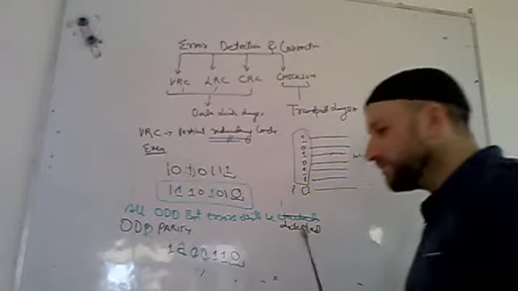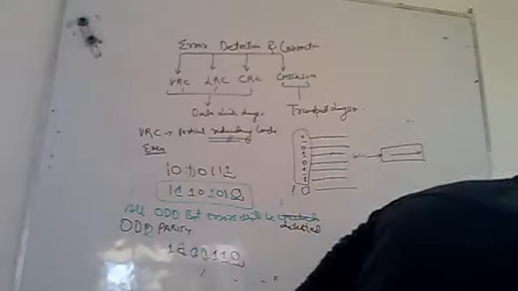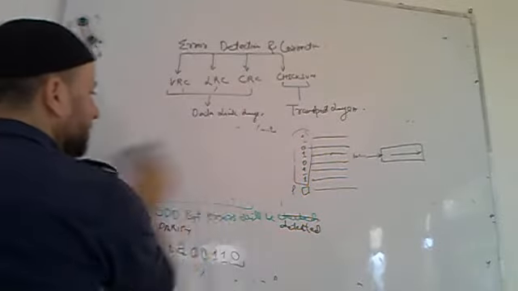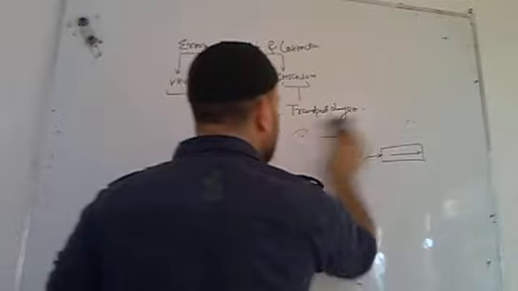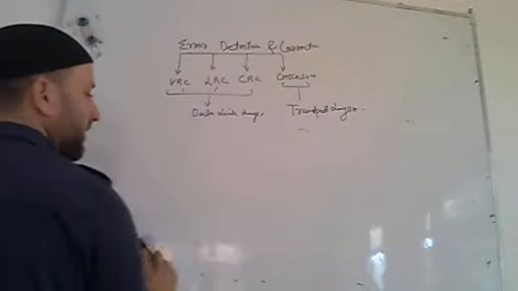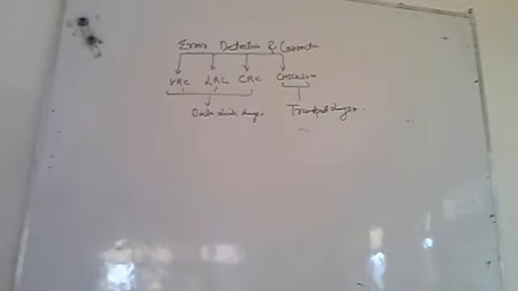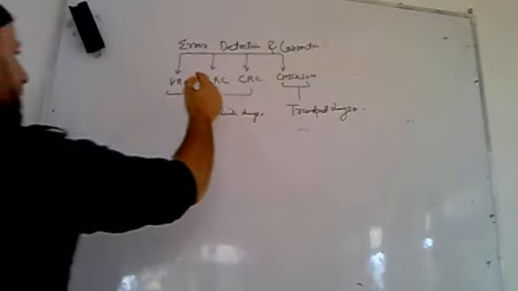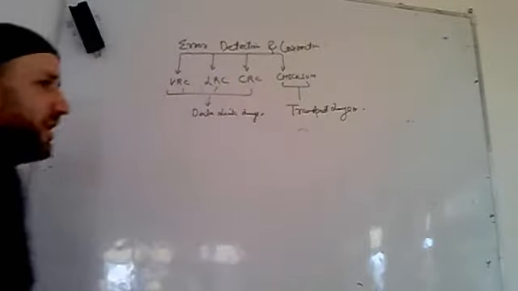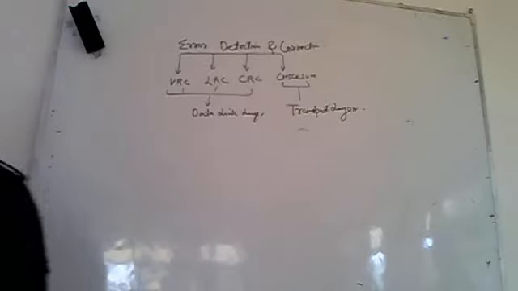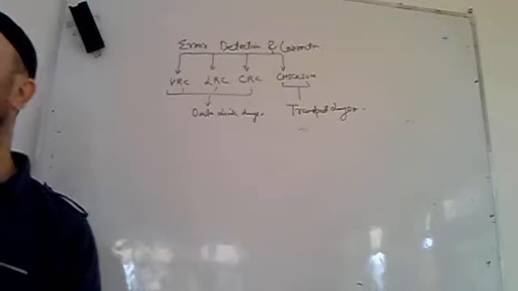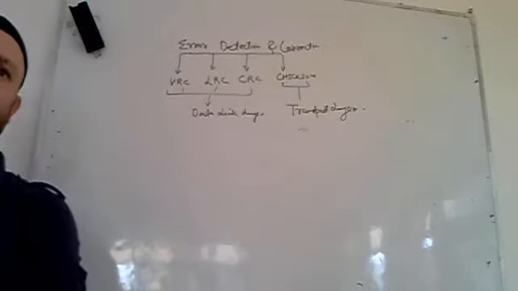Okay? And LRC comes in. Do you have any confusion? You have read it in the previous year also, so I think this is easy. In LRC, longitudinal redundancy check, what we do here is we divide our data into rows and columns.